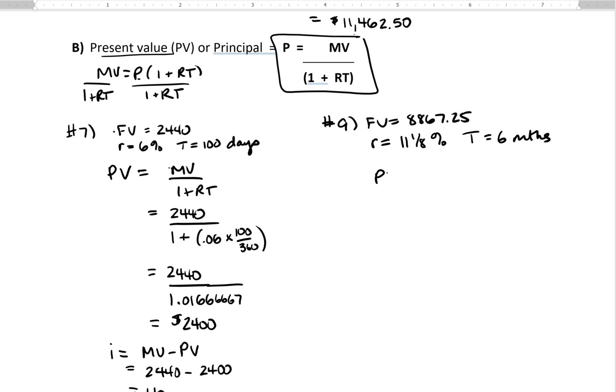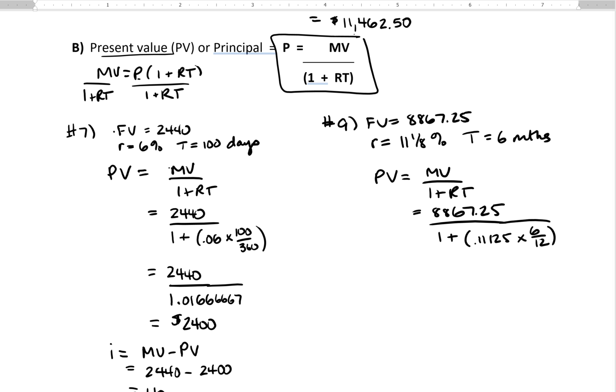So solve for present value and interest. Present value is maturity value divided by 1 plus rate times time. Maturity value 8867.25. 1 plus the rate 11.125. When you convert that to a decimal, that is 0.11125 times 6/12 of a year.